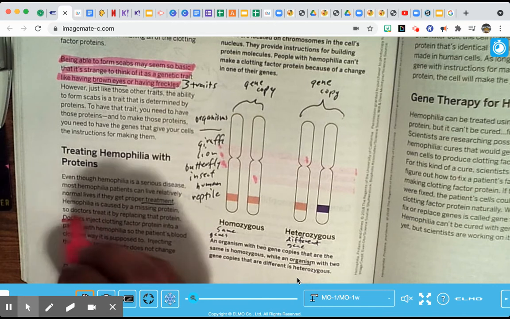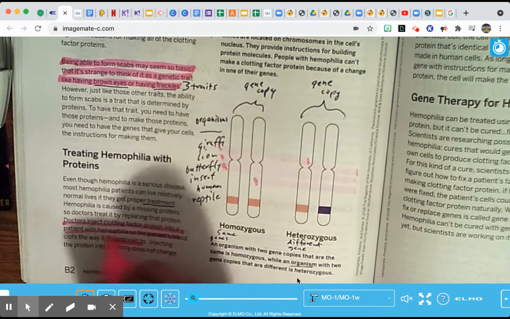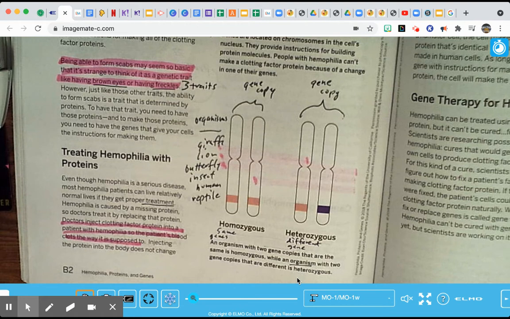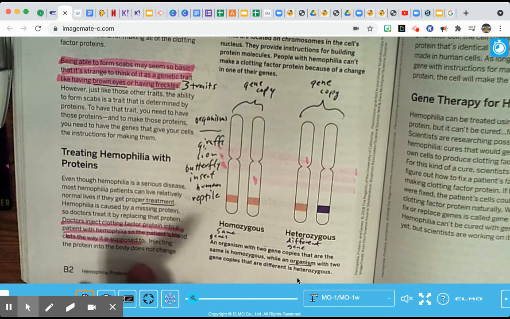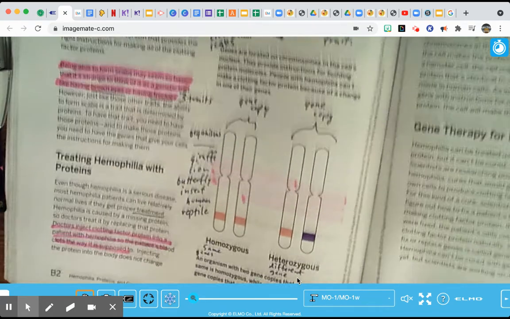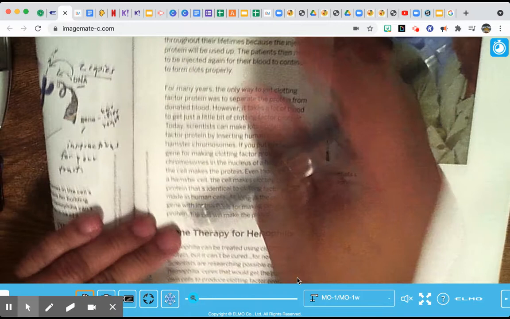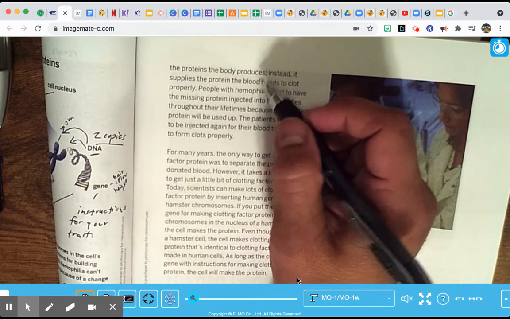They inject people with clotting factor proteins in order for the body to be able to create clots. Injecting the protein into the body does not change the protein the body produces.